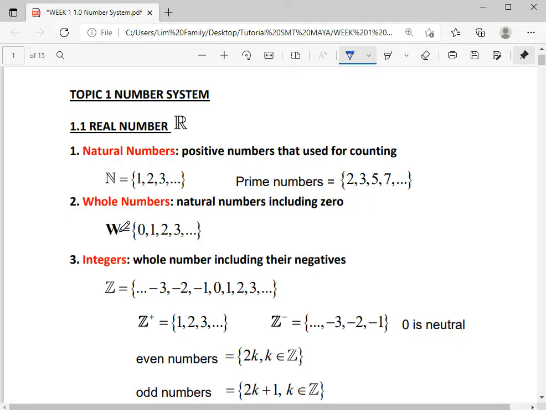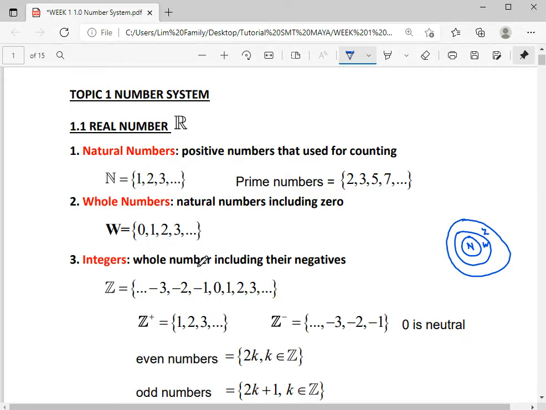When we involve negative numbers, so when we start to involve negative numbers, we come to integers. All right, so at the beginning, this set is natural number. When it involves one more number, 0, it becomes bigger, which is whole number. And then when it involves negative numbers, it will become integers.